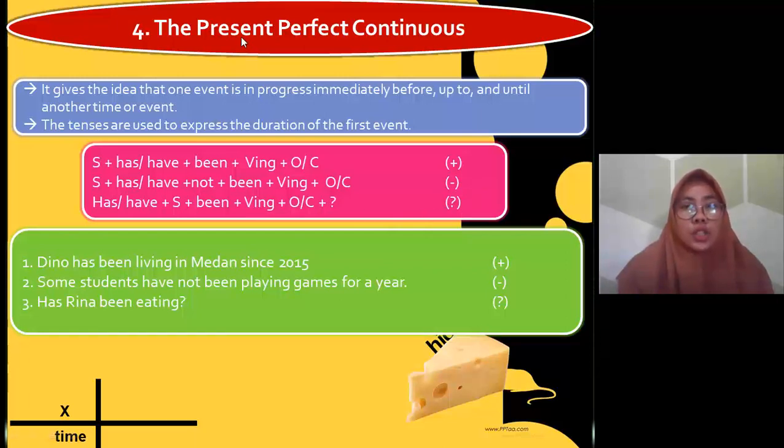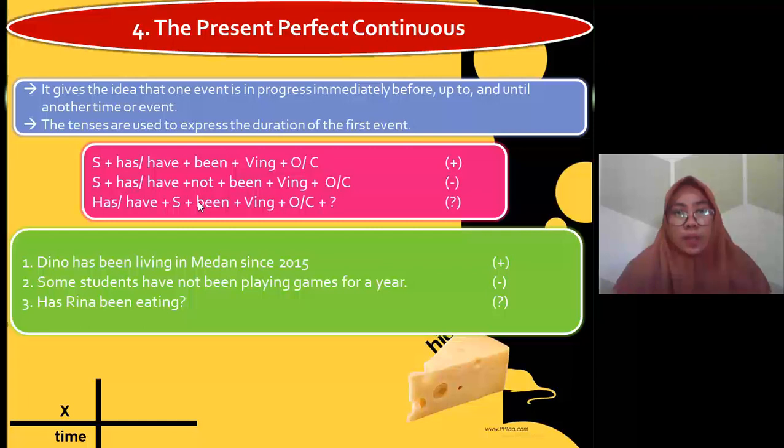So you can use the present perfect continuous tense if you want to express that one event progressed immediately before, up to, or until another time or event. And also to express the duration of the first event.